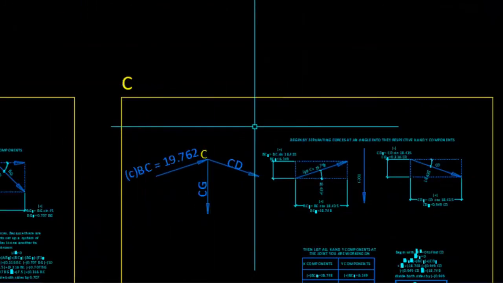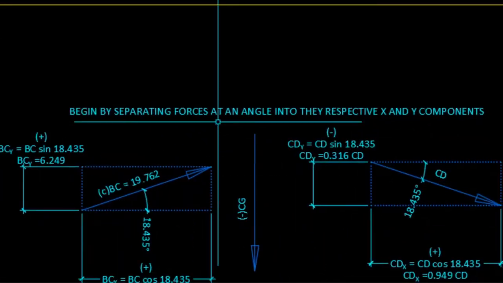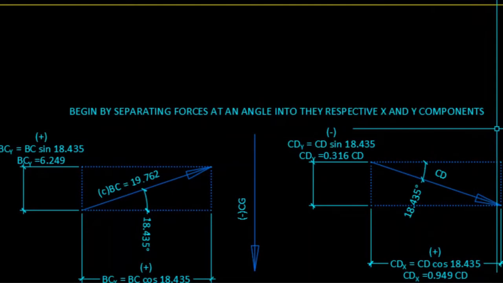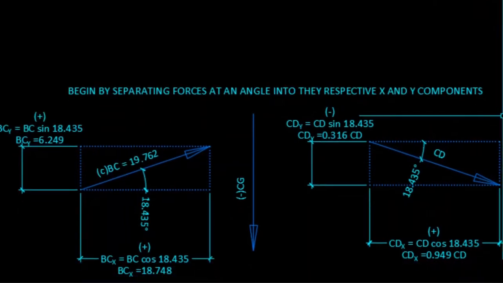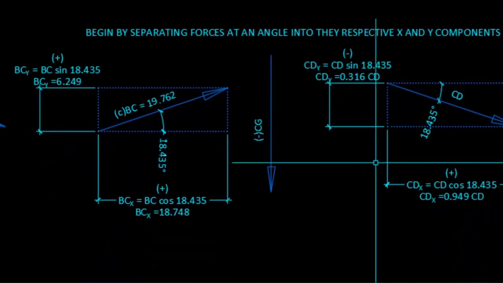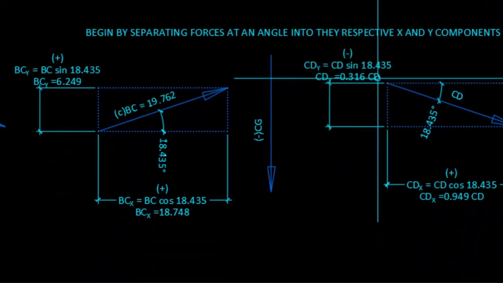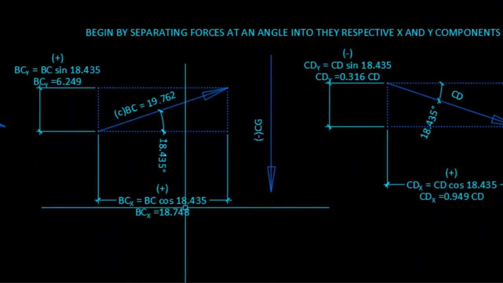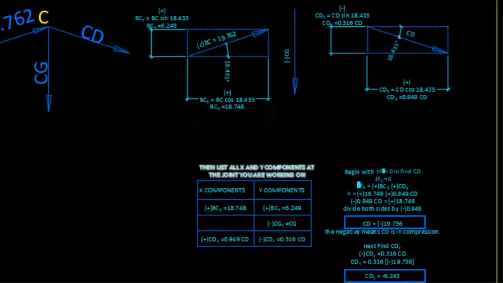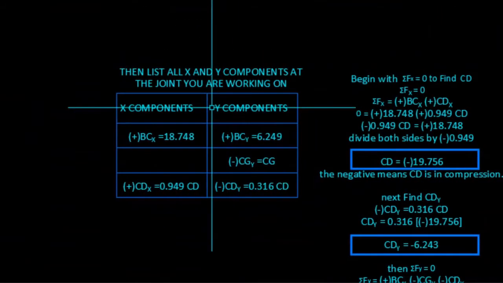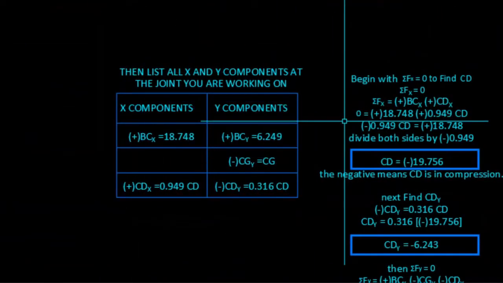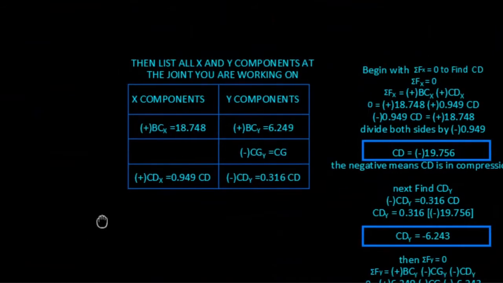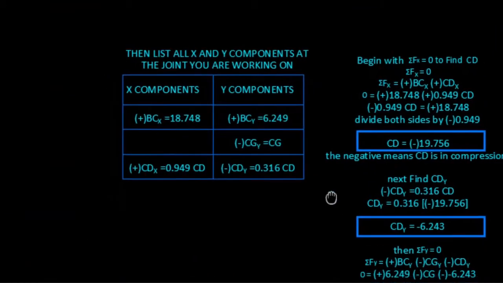Next, we move on to point C. By separating forces that are at an angle into their respective x and y components and using the sine and cosine functions to create equations for the x and y directions, we can then list all the x and y components at the joint that we are working on.